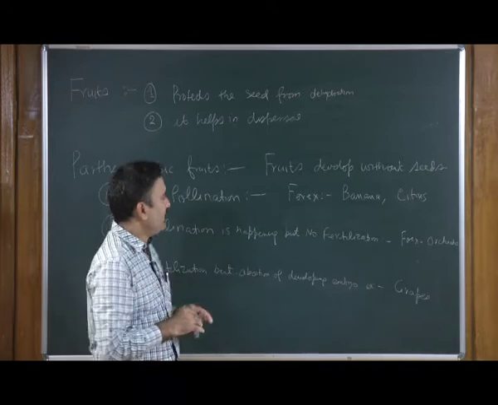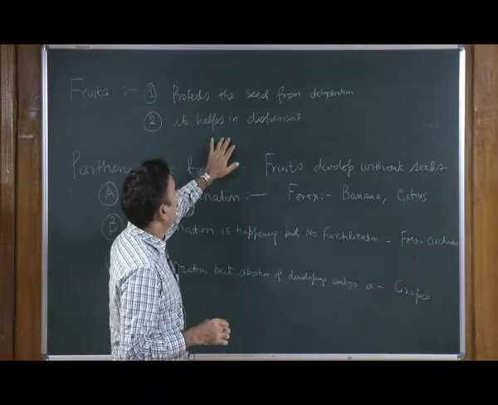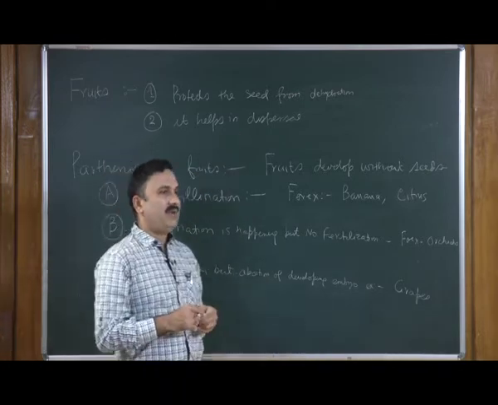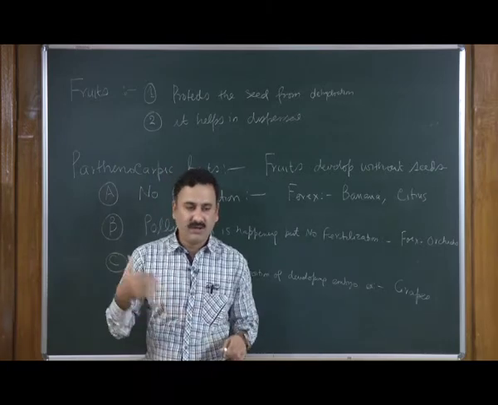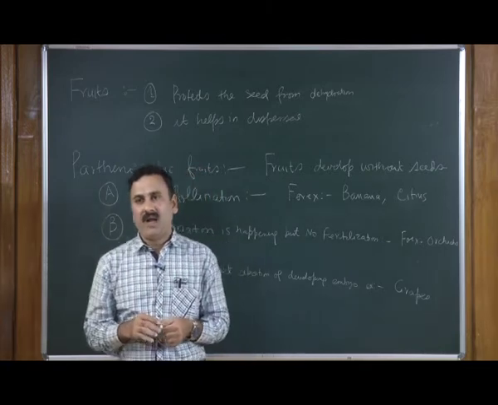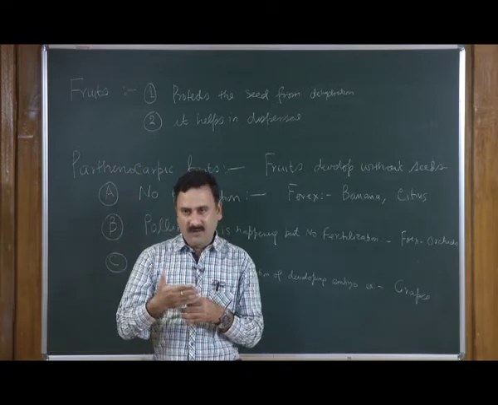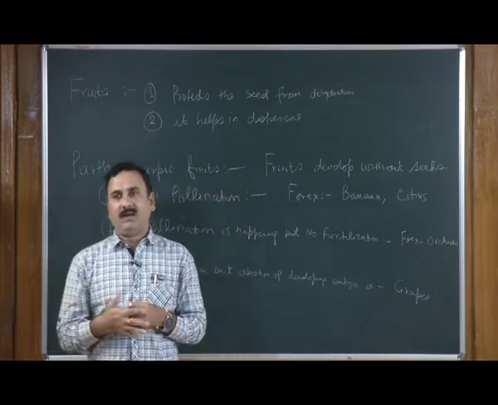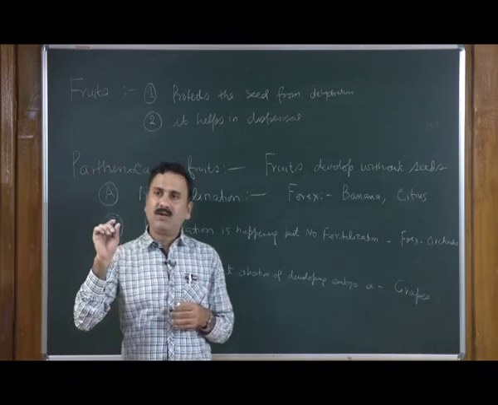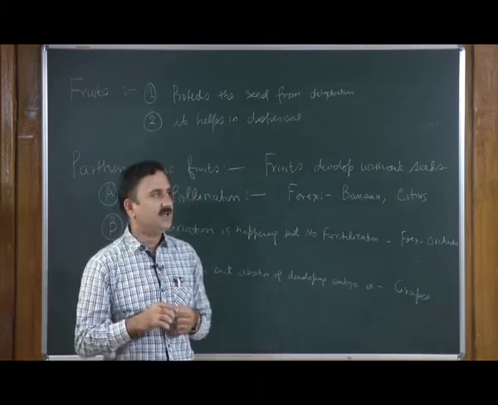Because of this, there are many artificial ways in which parthenocarpy is also being induced in different plants. The farmers are spraying a very low concentration of auxin and gibberellin.